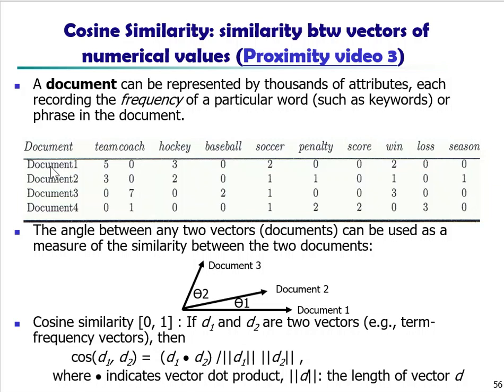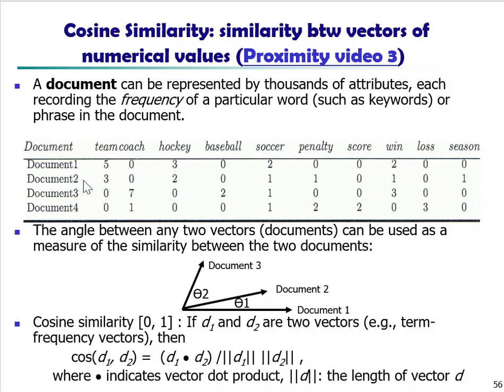Earlier we mentioned that we can represent documents as vectors of words. In this example, we have document 1 holding team 5 times, hockey 3 times, soccer 2 times, and the word win twice as well.